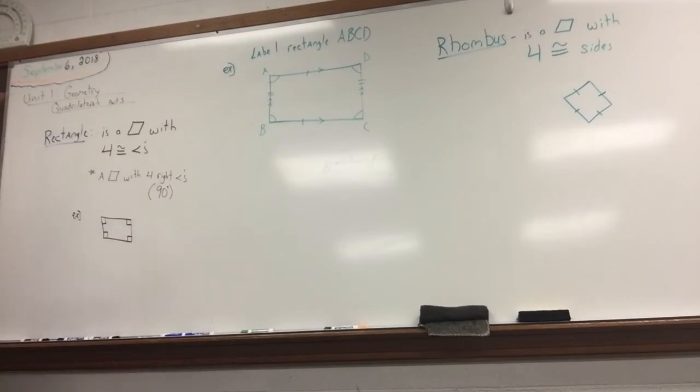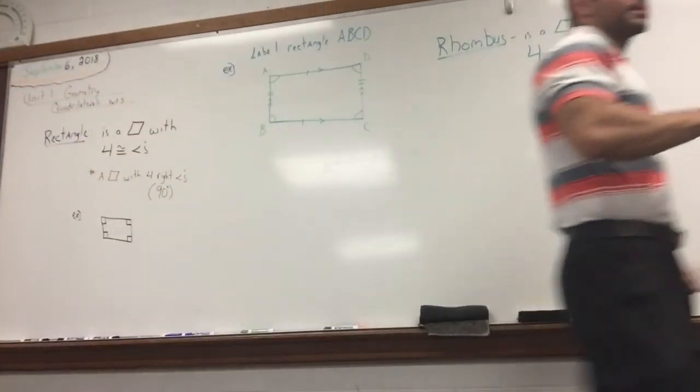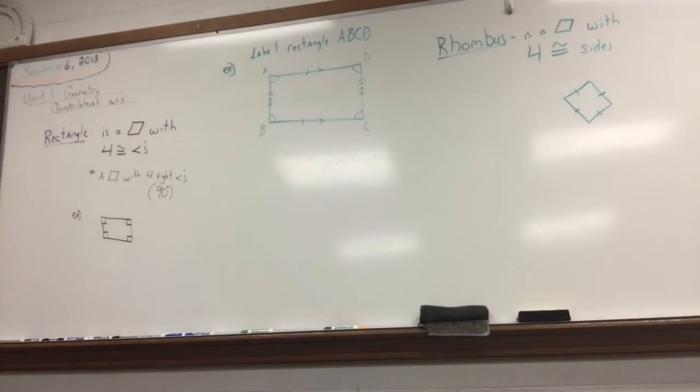Everybody with me? That's all I need to show that it's a rhombus. If I drew you a picture with 4 congruent sides, you would tell me, Mr. H, I know it. It's a rhombus. That's it. So right now, we have 2 other figures. If I said, draw a parallelogram with 4 congruent sides, what would you draw me?